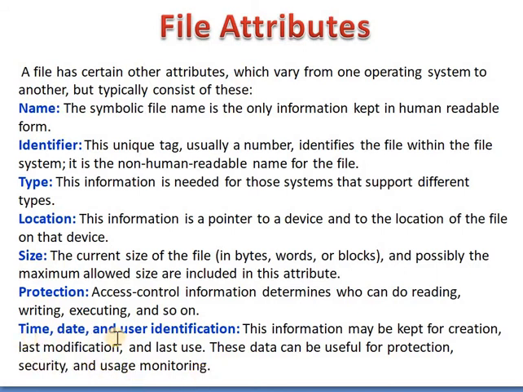The time, date, and user identification attribute of a file defines the date information regarding the last modification of that particular file, the creation of that particular file, the last usage of that particular file, etc. These are some file attributes of a particular file present in an operating system.